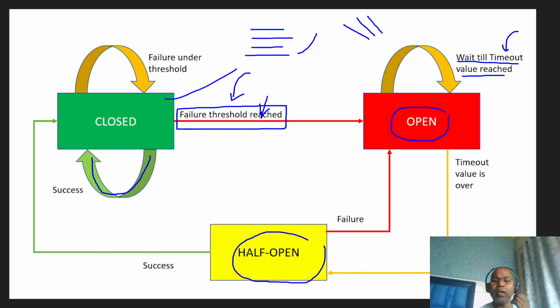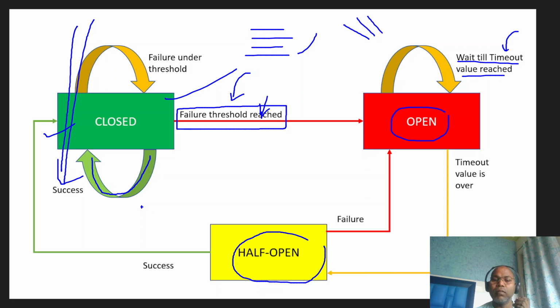In the half-open state, it tries again. It checks whether the particular microservice is responsive, repaired, and working or not. If it is working, that's green. Let's now close the circuit, and all requests are successfully forwarded between the microservices.